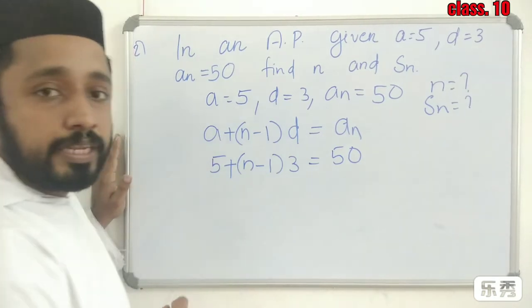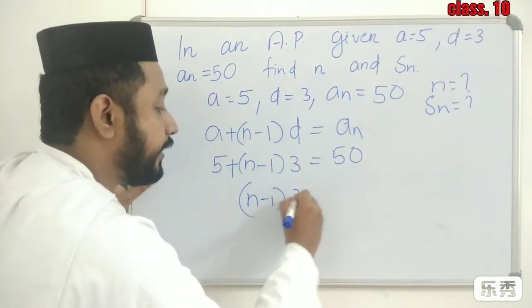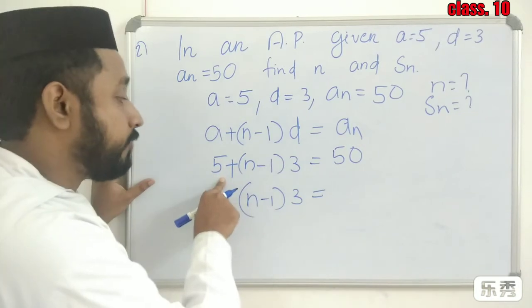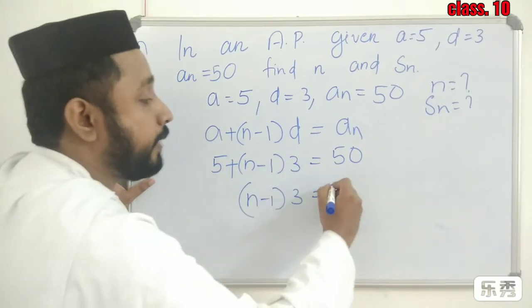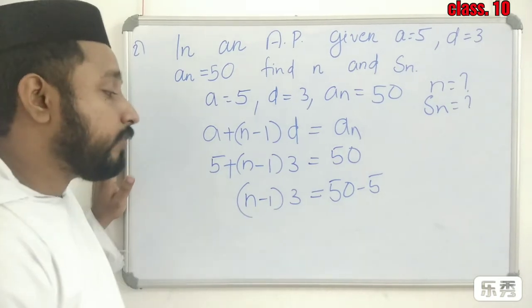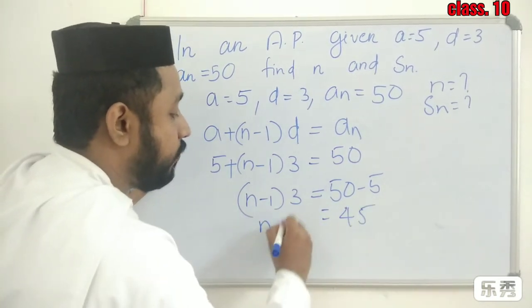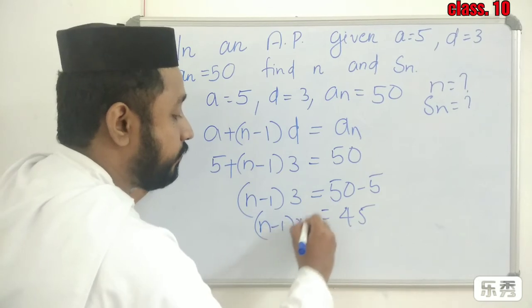From this we can easily find n. Plus 5 goes to the RHS, it will become minus 5, so 50 minus 5. That is (n minus 1) into 3 is equal to 45.